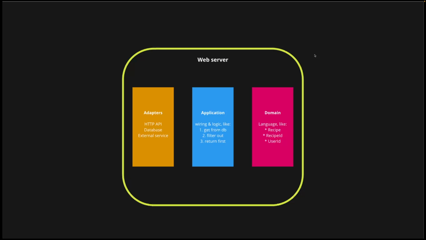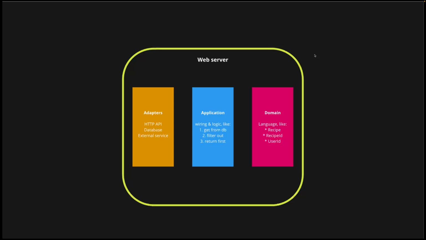And here, adapters is all the code, any files which have to do with something external to the application. So maybe we handle HTTP API requests. And then we know about the client, and the client is something outside of our application. And also in this chunk, we know about HTTP statuses.